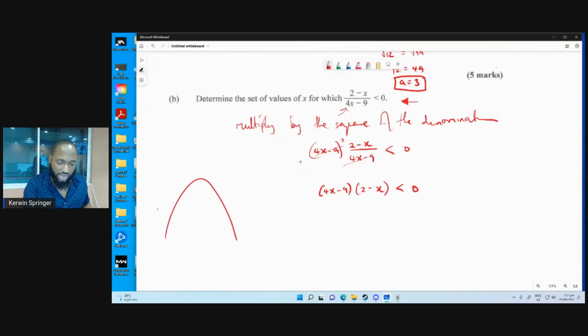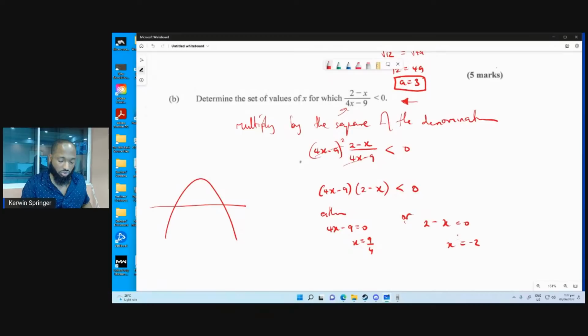This curve looks like this, I believe, because the 4x by negative x will give me a negative x squared, so this curve is doing something like this. Let's get the roots. Either 4x minus 9 is equal to 0, so x is equal to 9 over 4, which is like 2.25, or 2 minus x is equal to 0, so x is equal to 2.